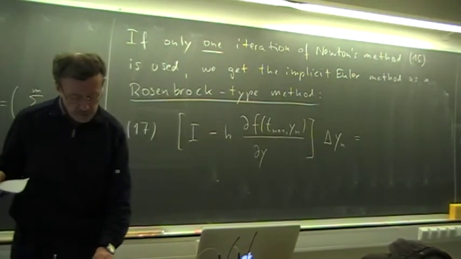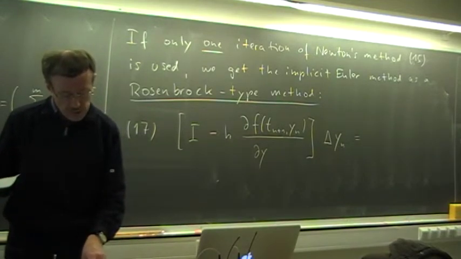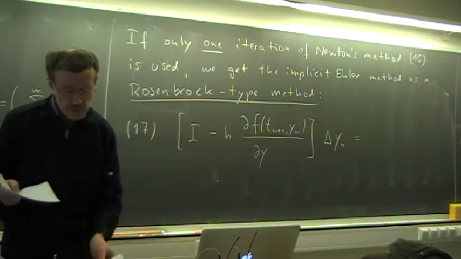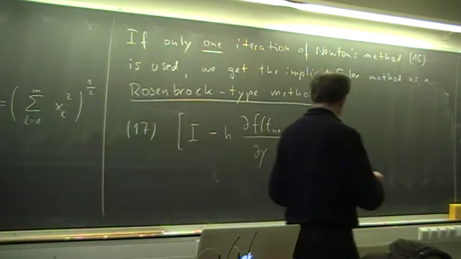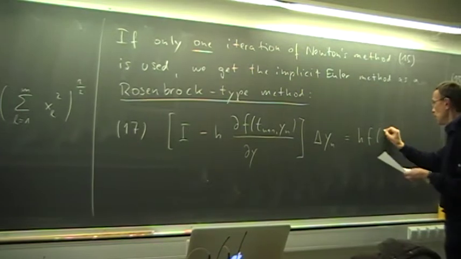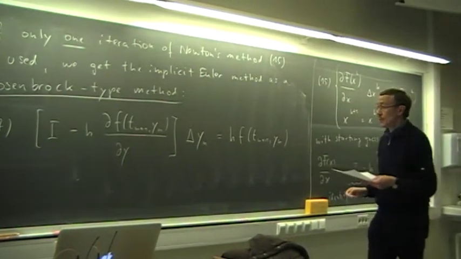Then we would get yn minus yn is 0, minus h f of tn plus 1, yn, and all with a minus in front gives us then here a plus h f of tn plus 1, yn. So that is what we get.